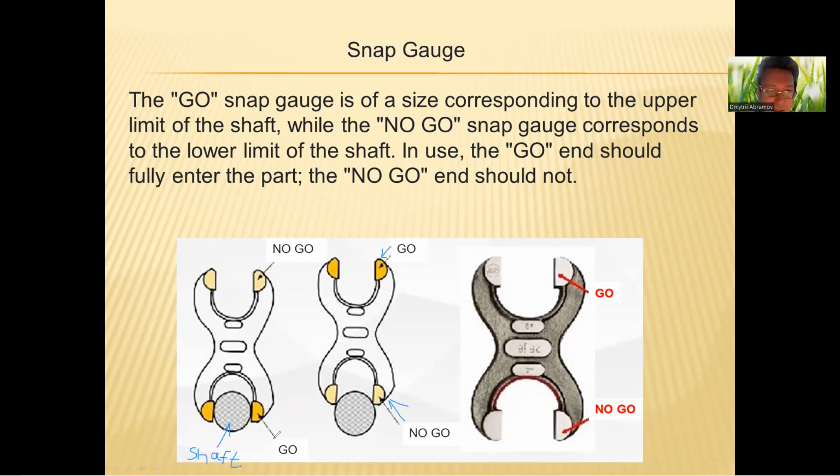While the no-go snap gauge corresponds to the lower limit of the shaft.